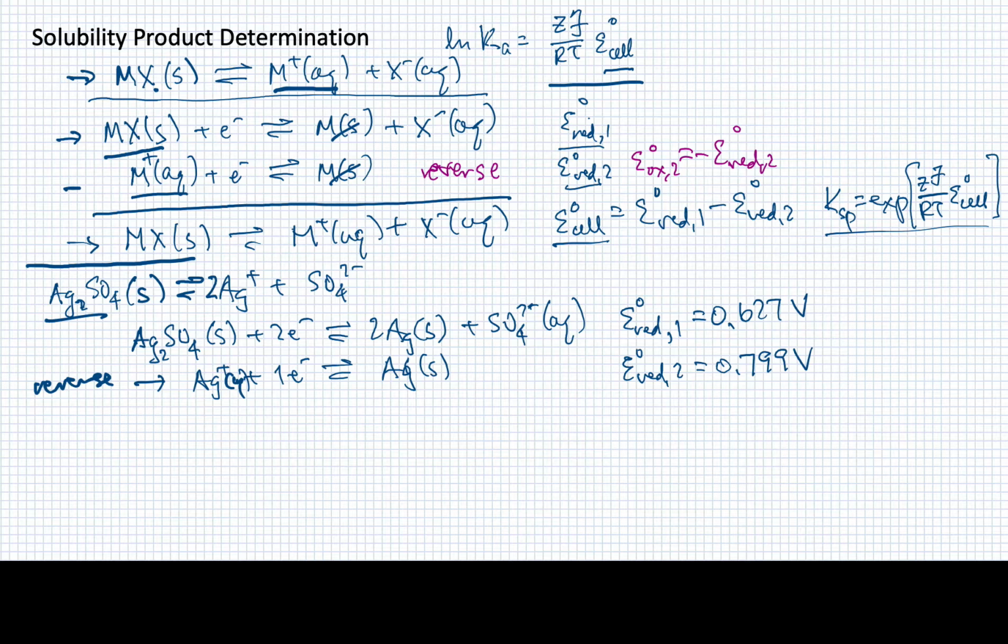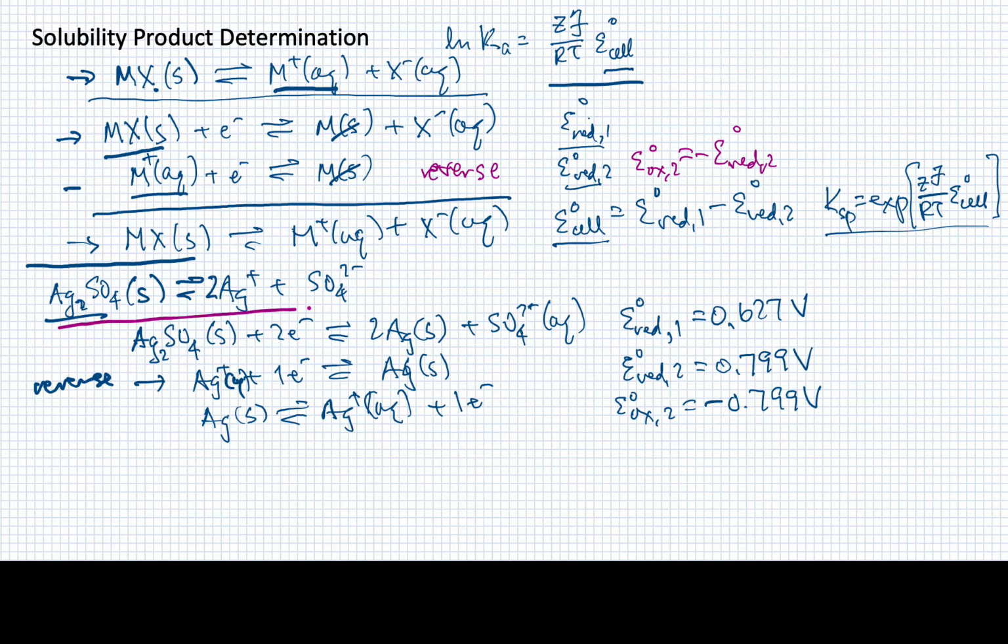Okay, so when we reverse this reaction, we'll end up with silver solid goes to silver ions in aqueous solution plus an electron. And that will cause this to be negative. So now when I put these together to get the reaction that I want up here, it means I'm going to add this reaction and this reaction.